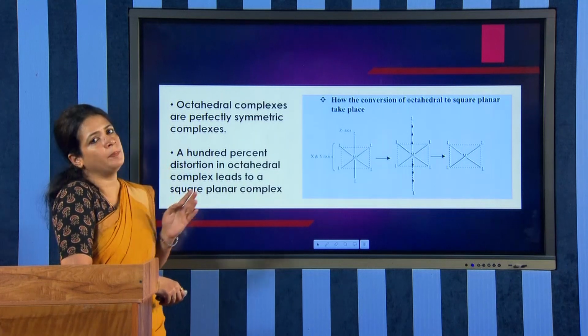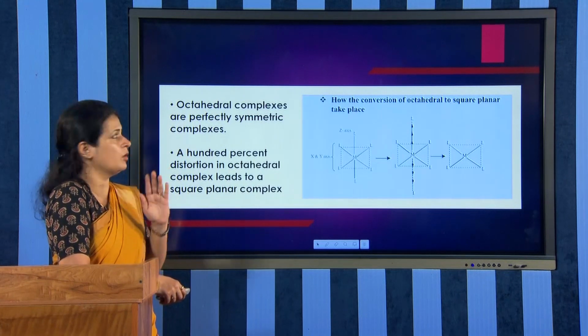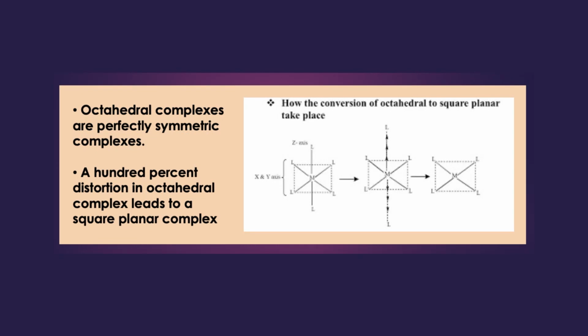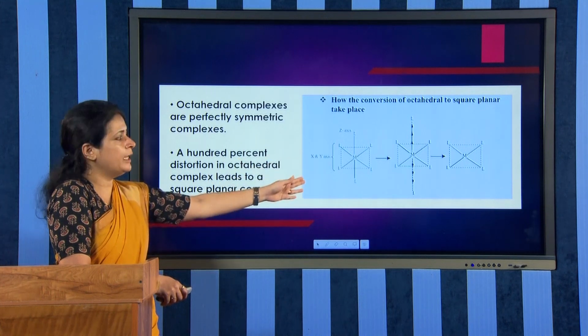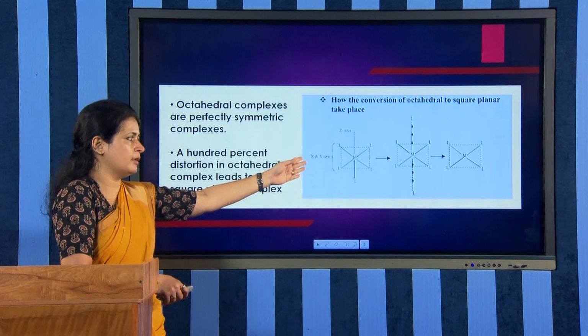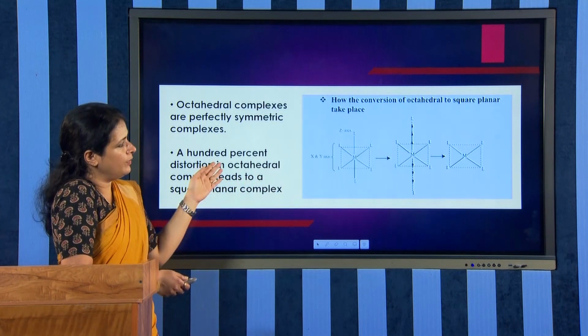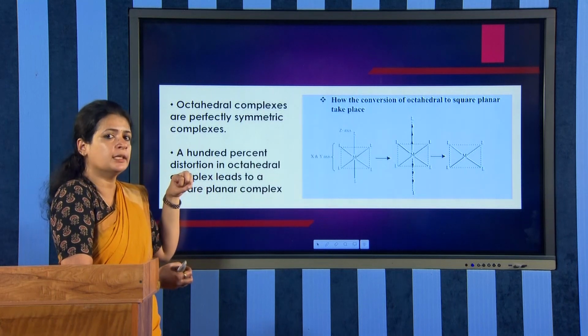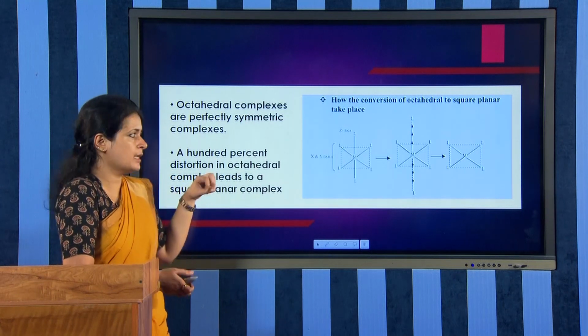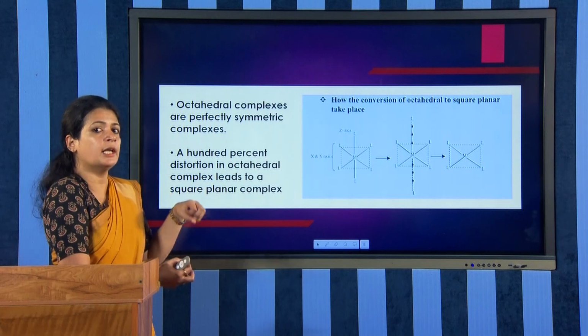See, octahedral complexes are perfectly symmetric complexes. Here you can see the perfect symmetry in the octahedral complexes. When we move from the octahedral complex to the square planar complex, you get an intermediate, shown in the middle of the picture, where we are just elongating the ligands along the z axis, that is z elongation.